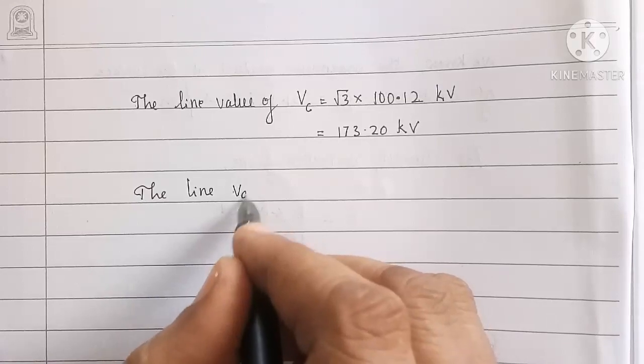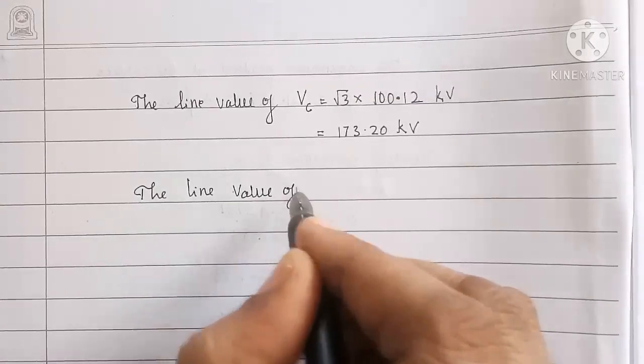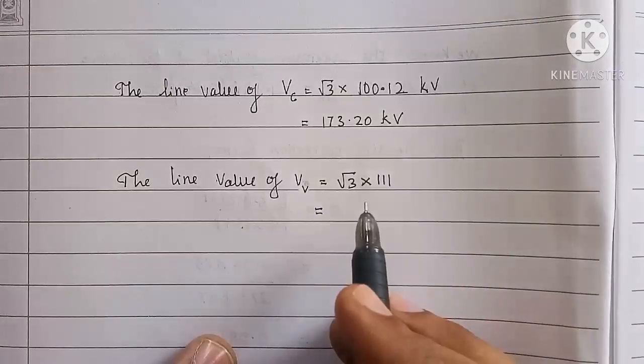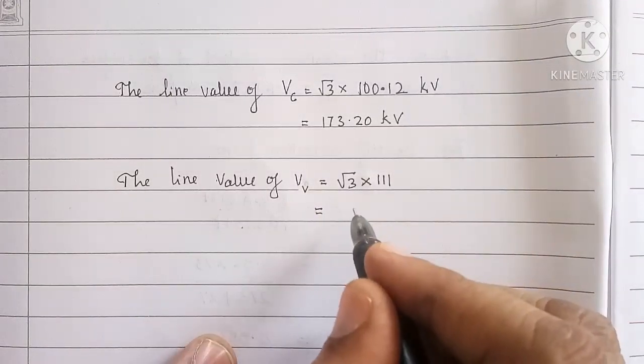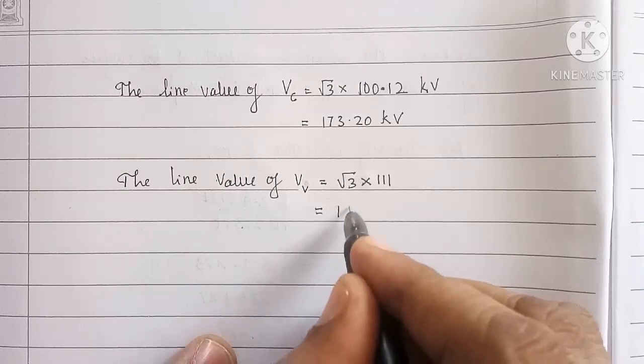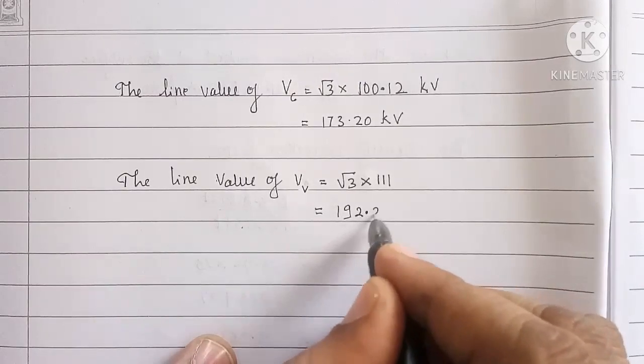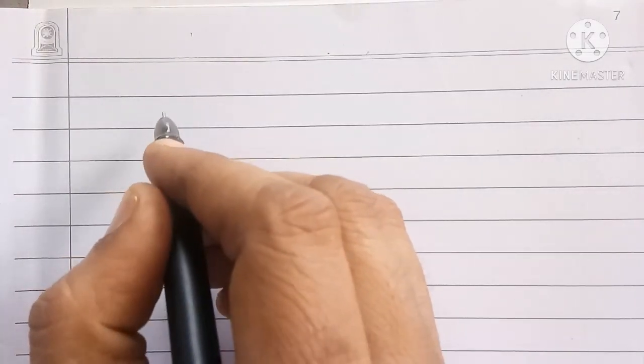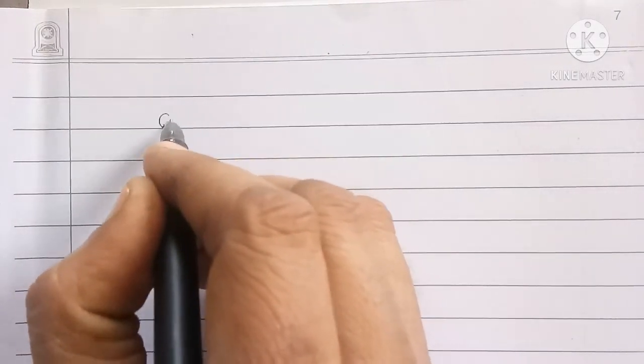The line value of visual critical disruptive voltage is equal to root 3 into 111, that is 192.25 kilovolt. Next we will calculate corona loss.